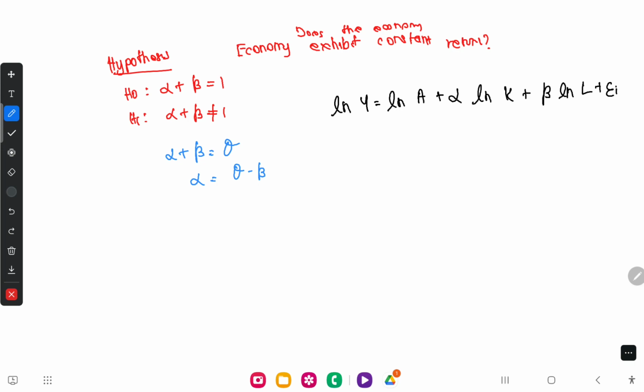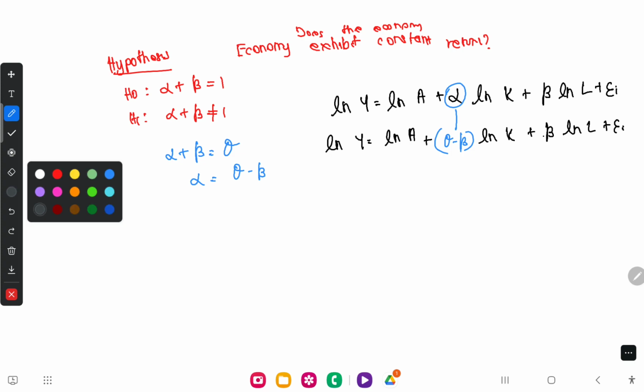Okay, so instead of alpha, I'm going to write down theta minus beta. And the rest is the same: ln K, beta, ln L, all these are the same.